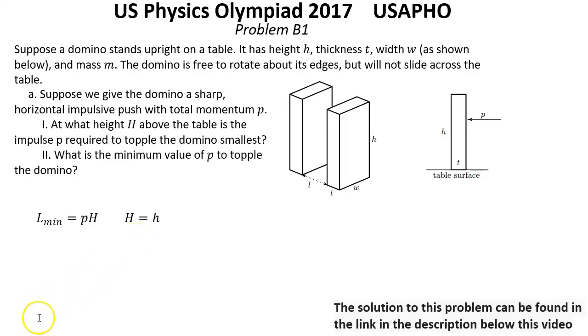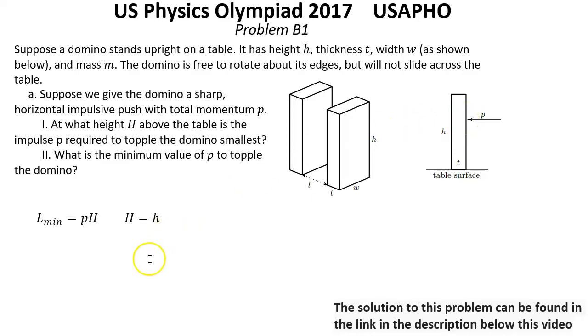Second question. In the second question, we can use energy conservation. If we push this domino with momentum P, we add some kinetic energy, and this kinetic energy must be enough to overcome the change of potential energy for rotation. So we need to find the highest point for this domino and compare it to the initial height of the center of mass.